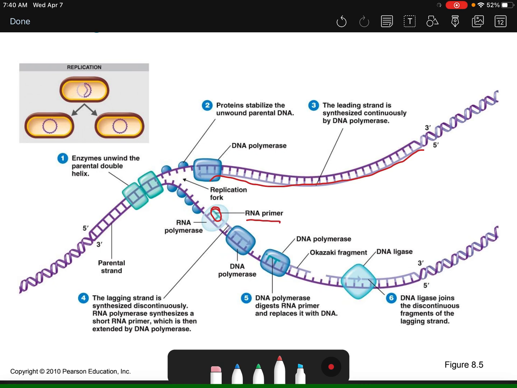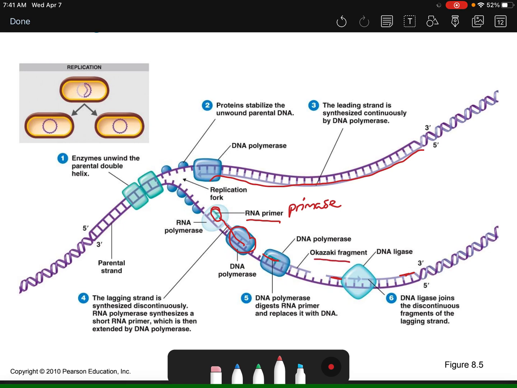And so an enzyme called primase puts down a small RNA primer, and that's enough to get the DNA polymerase started going in that 5' to 3' direction. But it's very discontinuous because primase will put down little pieces all the way along the DNA to give it a starting point. And so you'll have these short little fragments called Okazaki fragments.